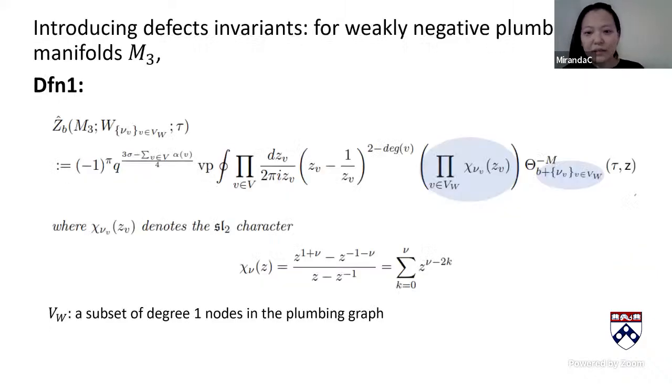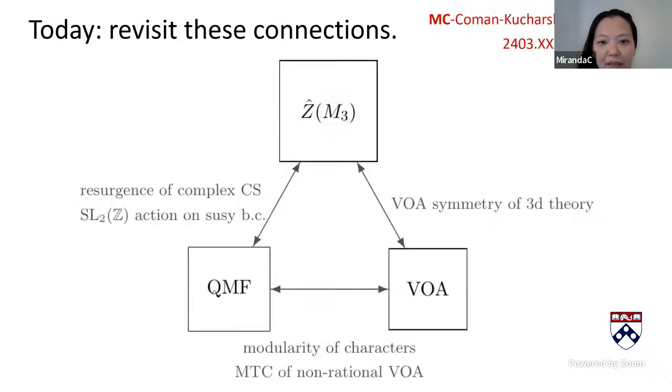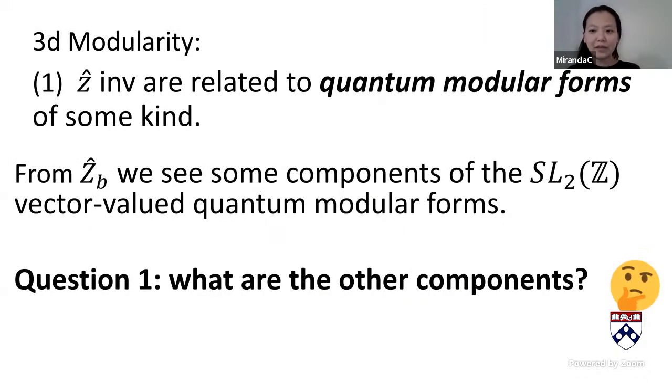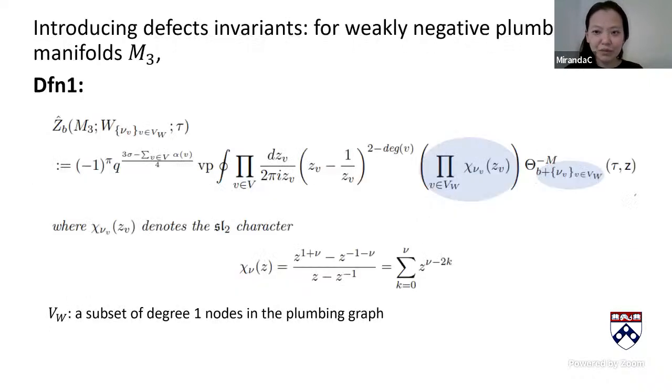Okay, so where am I? Yeah, here. So let's start. Let's recall the first question. What are the other components? In other words, where do I see the full SO(2,Z) representations? So this is a proposal.